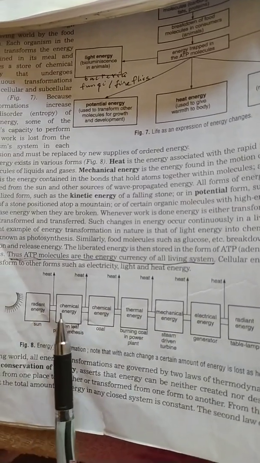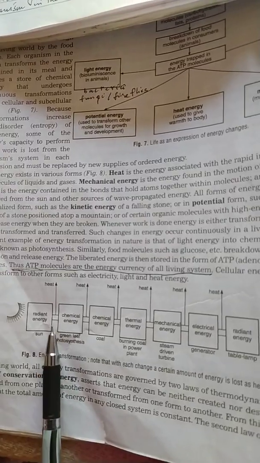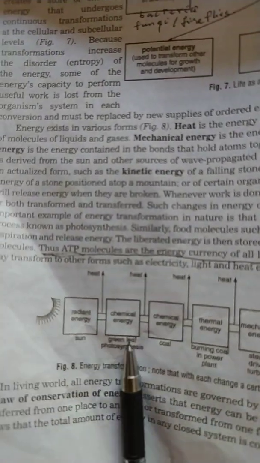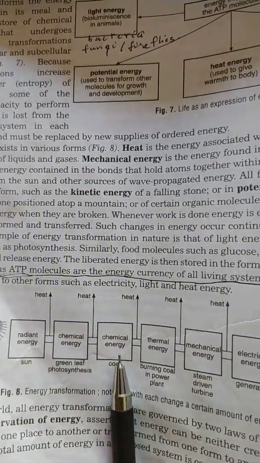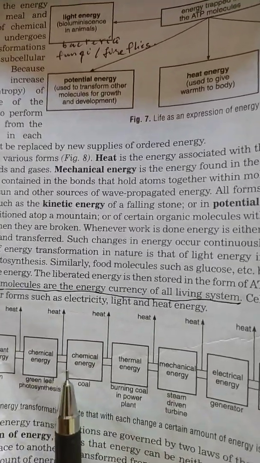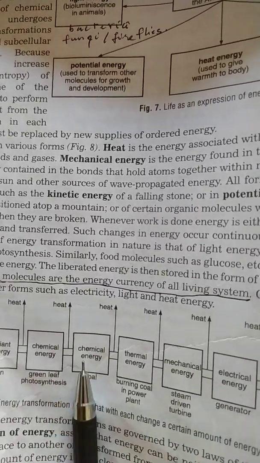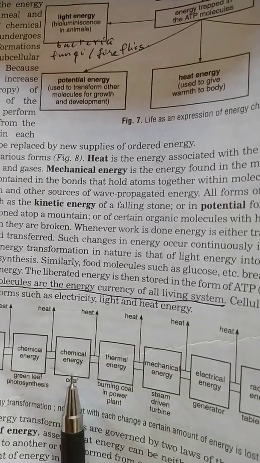And between every conversion of energy, we see there is a heat loss. Energy is lost in the form of heat. Likewise, the chemical energy of the green plants is stored in the form of coal under the earth's crust. Coal is found, and when this energy transforms into chemical energy, again heat energy is lost in between.